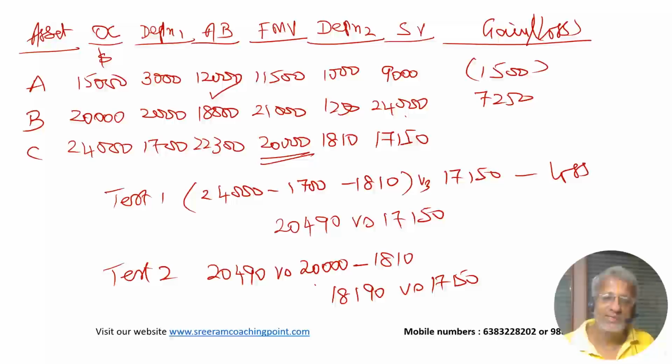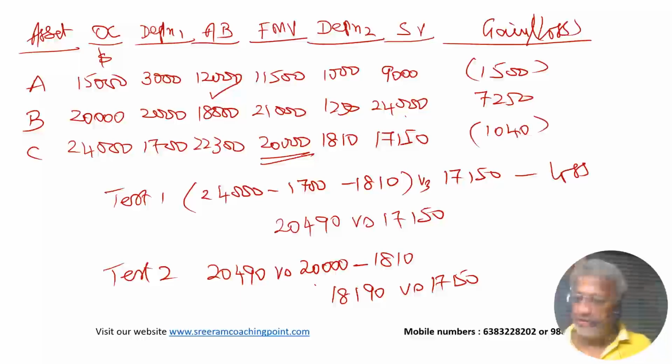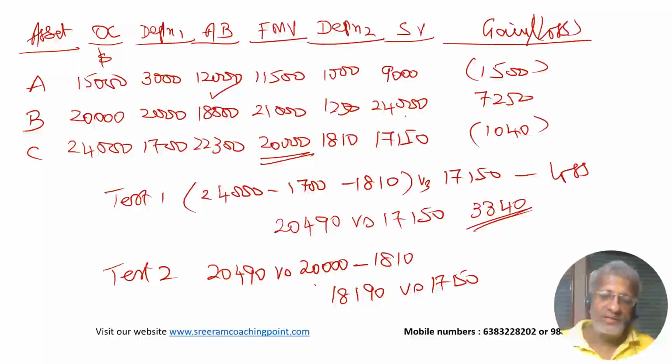This results in 1,040 loss. So the initial loss that we initially had, 20,490 minus 17,150, which resulted in 3,340 loss, whereas the loss is not 3,340, it is simply 1,040.